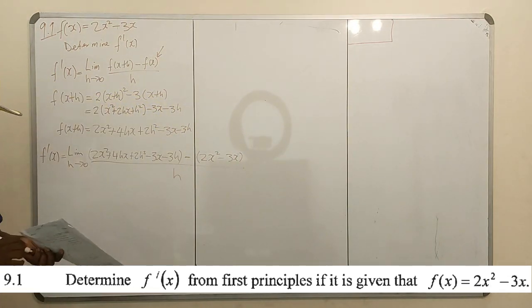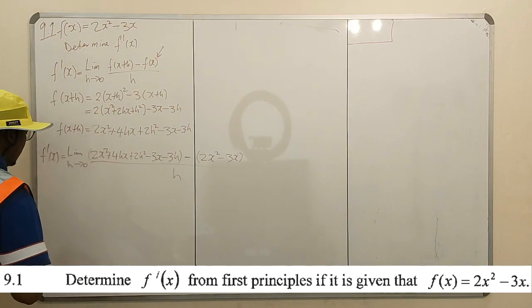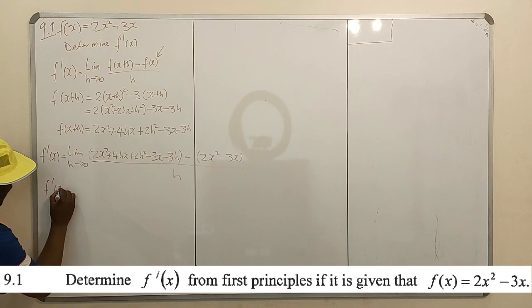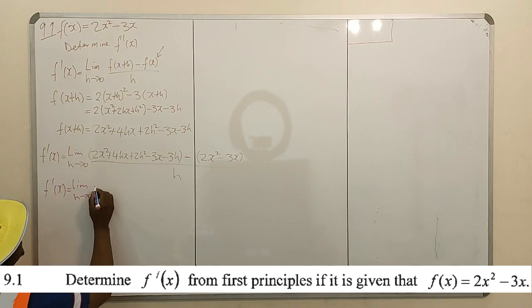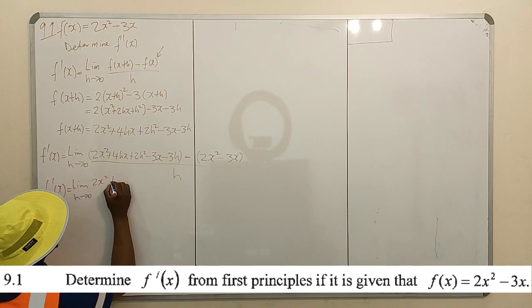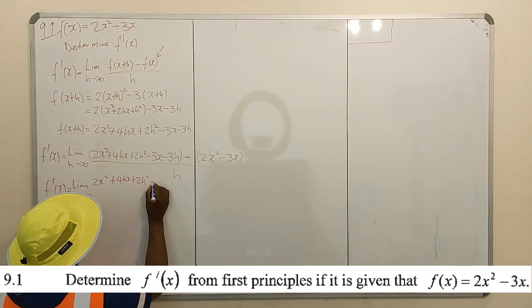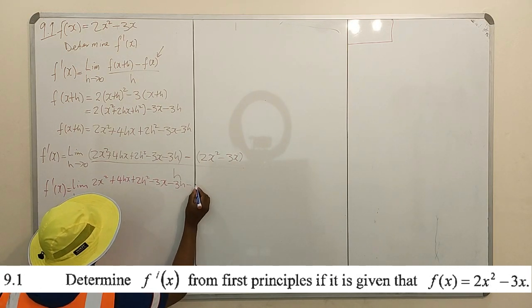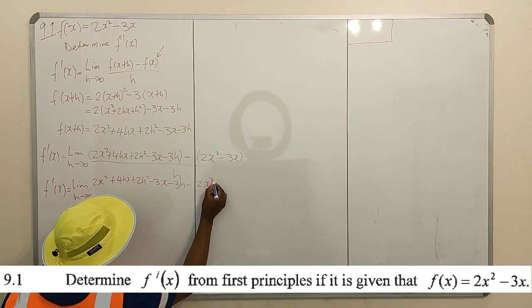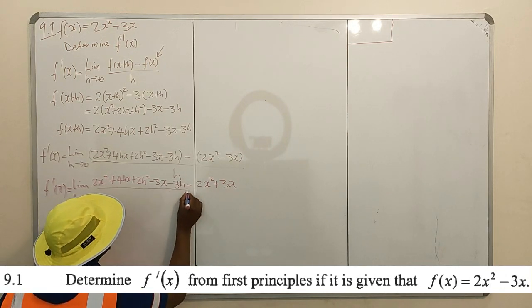So from here, you remove your brackets. You say, okay, f prime at x is equal to the limit as h goes to 0 of 2x squared plus 4hx plus 2h squared minus 3x minus 3h minus 2x squared plus 3x, all divided by h.